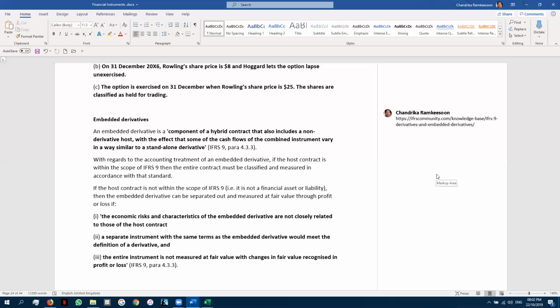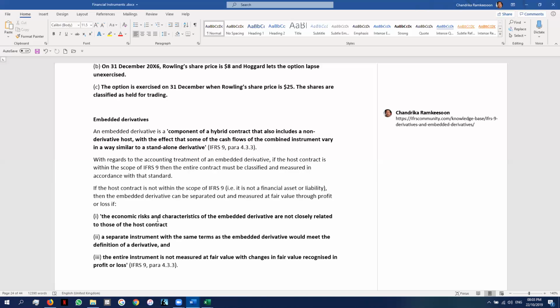Now, if it is not as closely embedded, and I'm using this to help you to understand these things, if according to IFRS 9 it is not closely embedded because the host is not a financial asset or liability, then IFRS 9 allows for the separation of the two, measured at fair value through P&L, if 1, the economic risks and characteristics are not closely related to those of the host.